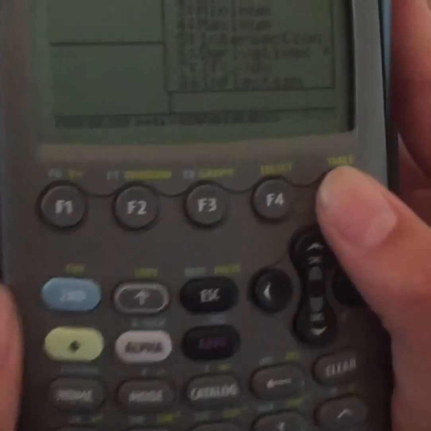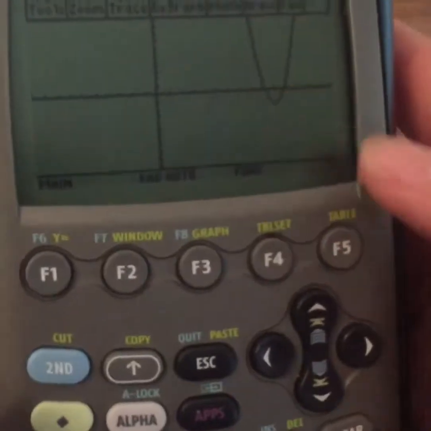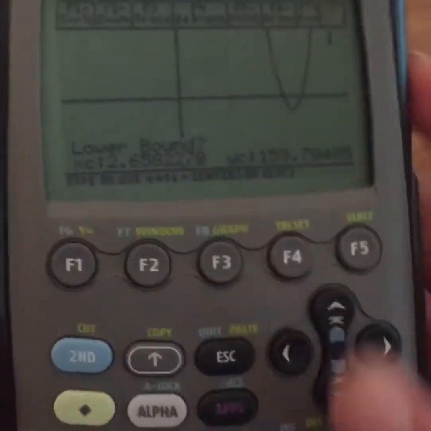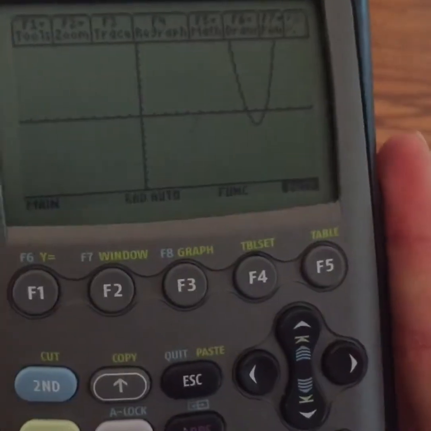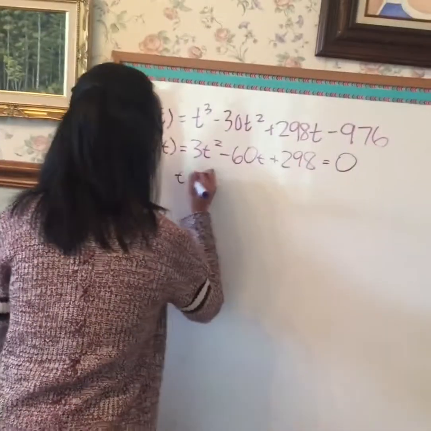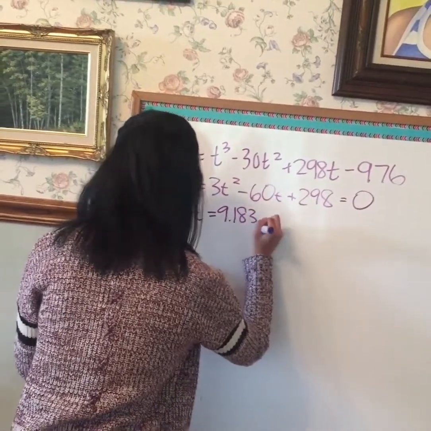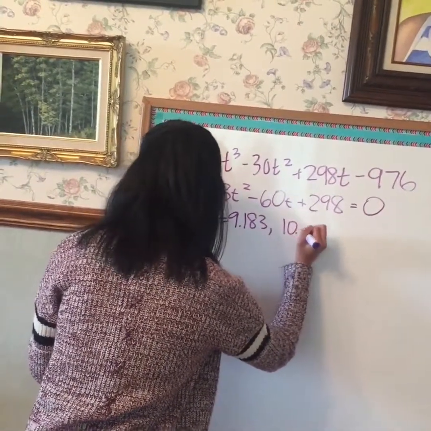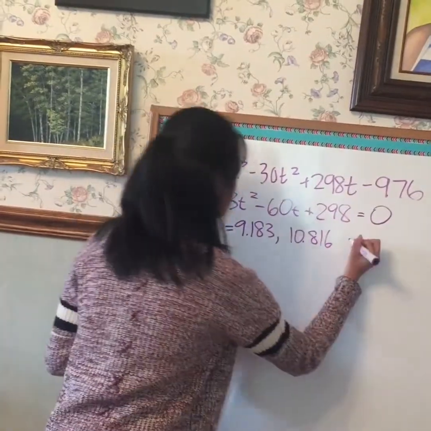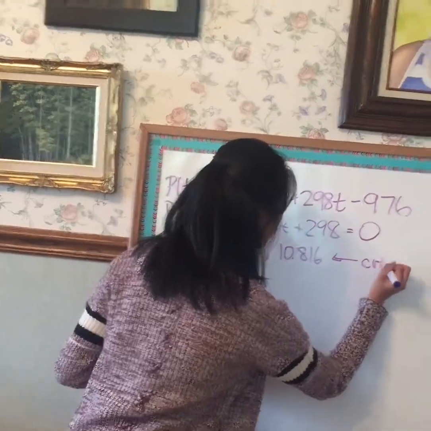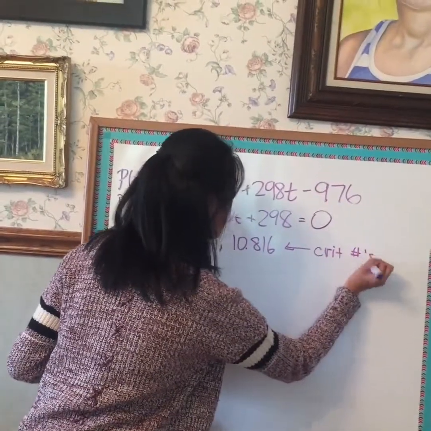And then I noticed that there are 2 zeros. And I used the zero function to find that there are zeros at t is equal to 9.183 and 10.816. And so these are the critical numbers.